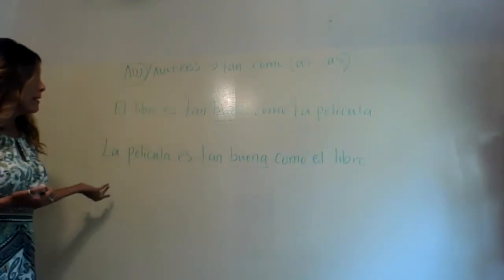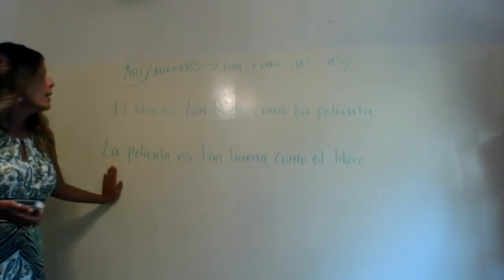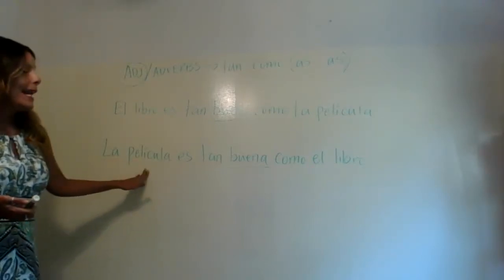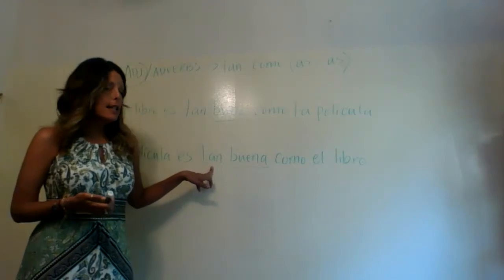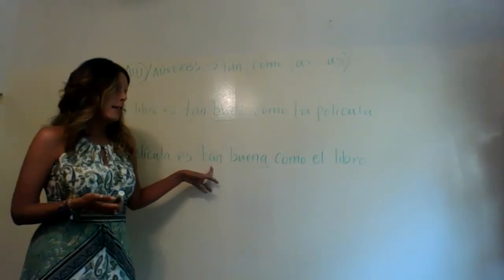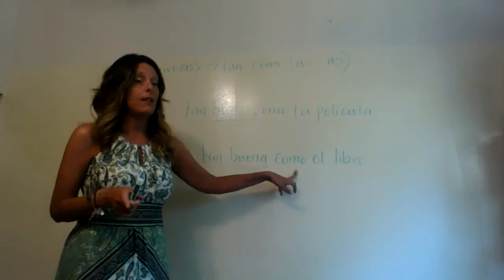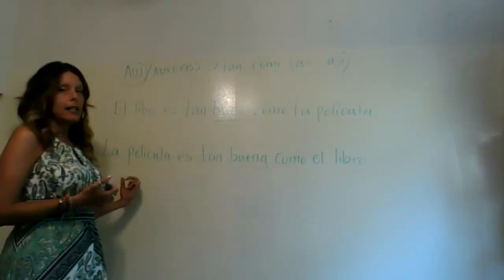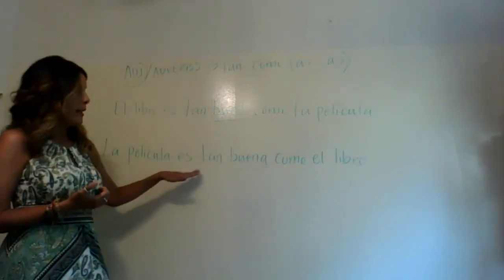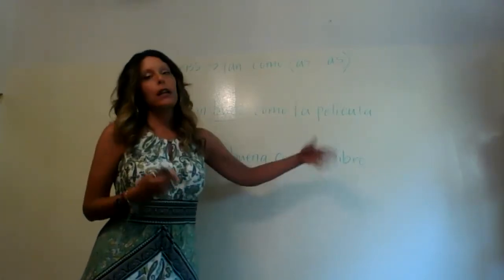So our new sentence to say the movies are as good as the books would be las películas son, our tan is going to stay the same. On that note, our como has also stayed the same in all of these sentences with the adjectives, but our buena is going to change to buenas. Las películas son tan buenas como los libros.